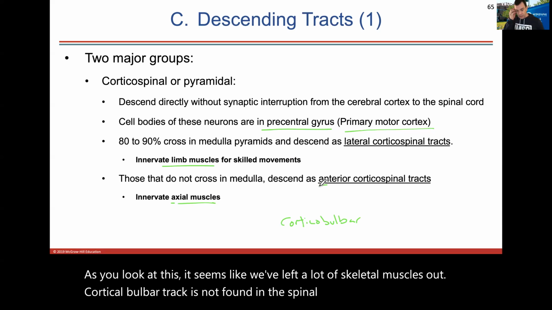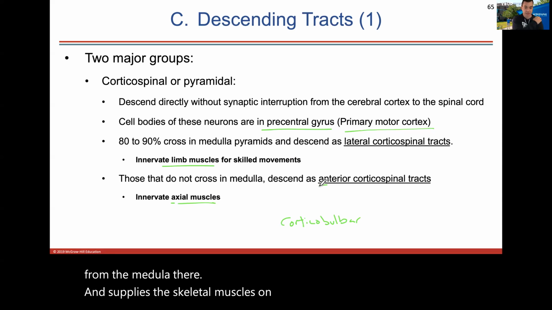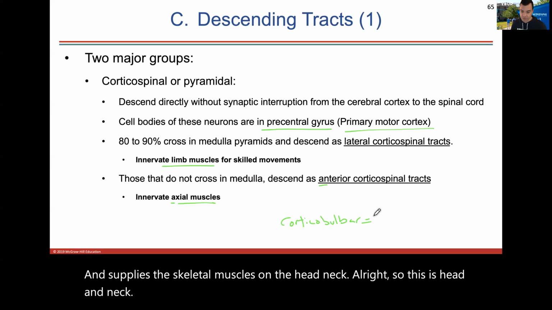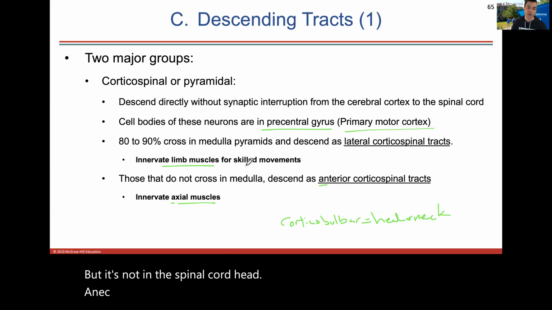Okay, it actually runs out from the medulla there and supplies the skeletal muscles on the head and neck. All right, so this is head and neck, but it's not in the spinal cord. And you don't need to worry about if it crosses over or not. All right.